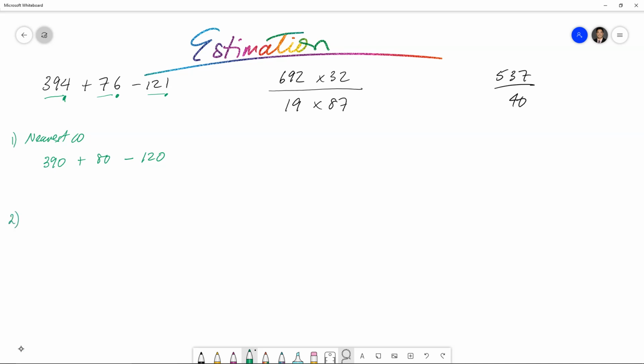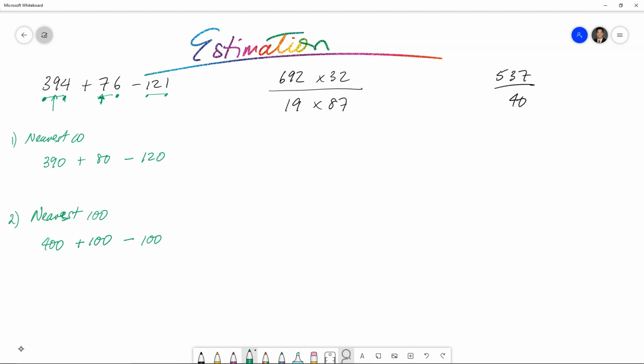Okay, if I'm going to round it to the nearest 100, then we're looking at the 3, and the 9 is greater than 5, so we're going to round it off to 400. 76 is closer to 100 than it is to 0, so we're going to put 100, and then 121 is closer to 100 than it is to 200.